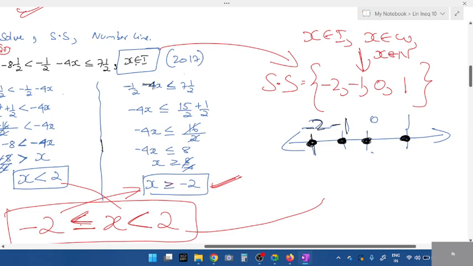When it is integer, natural number, whole number, it is always a solid dot like this, students. Full dot. Only for real number we follow the hollow dot and solid dot concept.